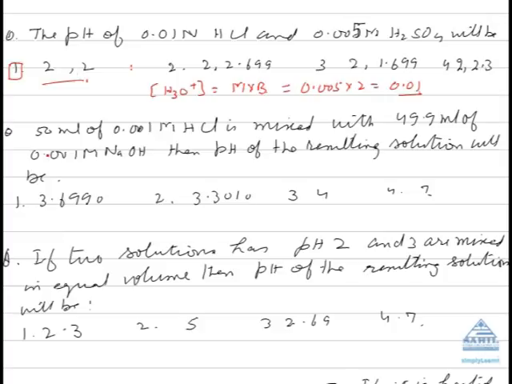Another question. 50 milliliter 0.001 molar HCl is mixed with 49.9 milliliter 0.001 molar NaOH. Then pH of the resulting solution will be... Whenever you are mixing an acid and a base, dear students, first of all find out the number of millimoles of H ions, which is volume in milliliter into molarity, which comes out to be 50 into 0.001 means 0.05.